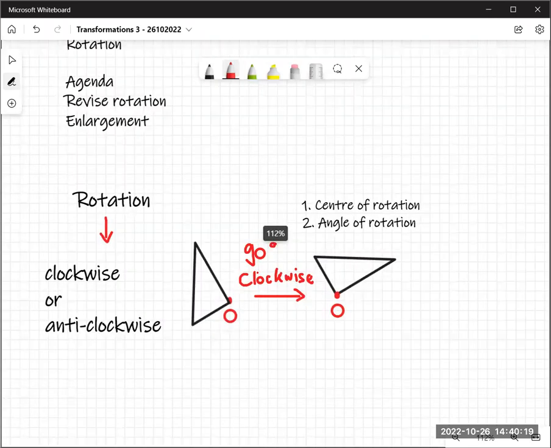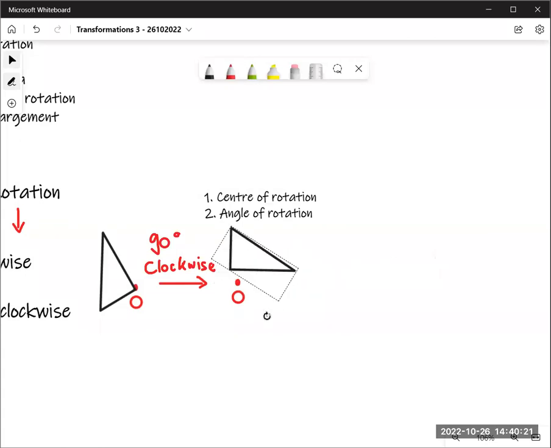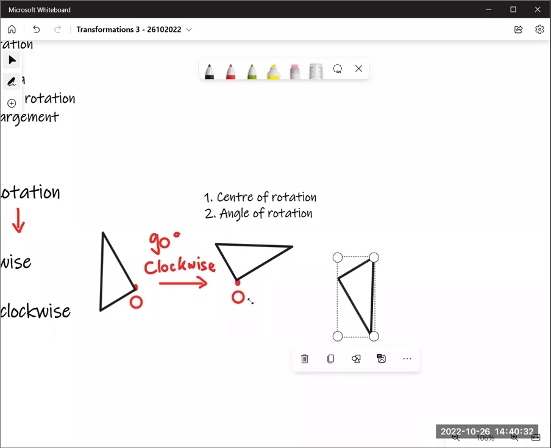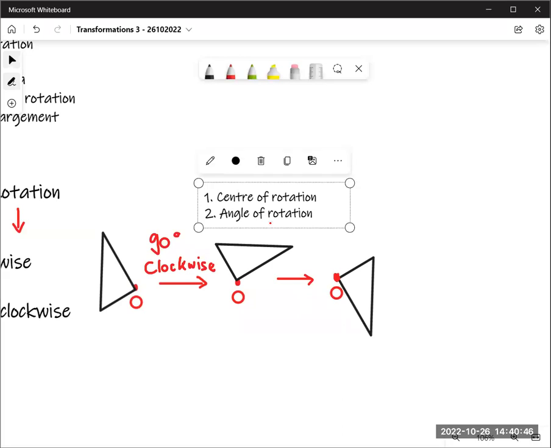And if I rotate this one more time, I'll get something like this. Okay.